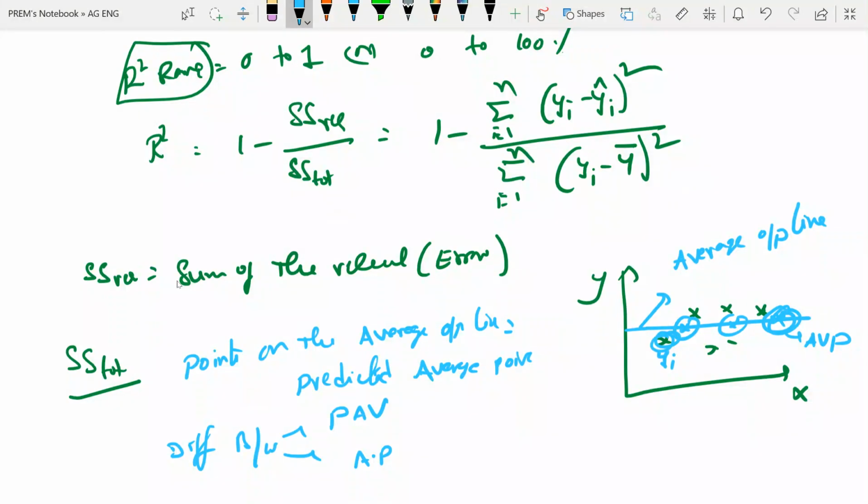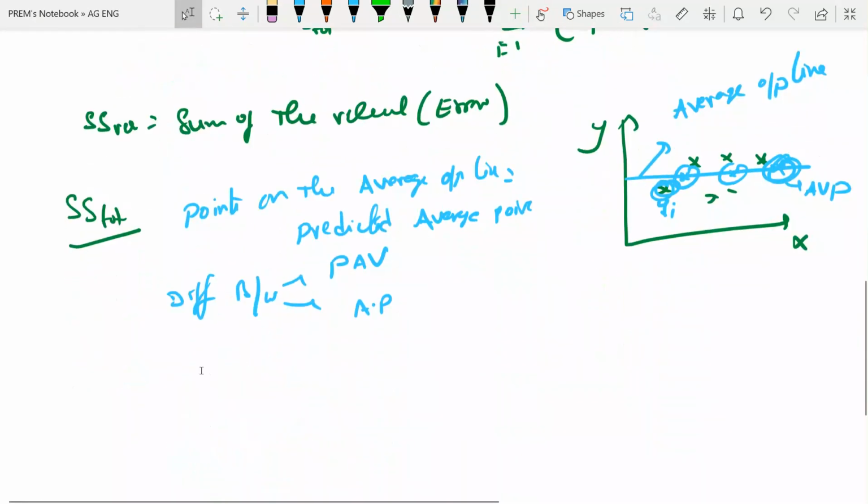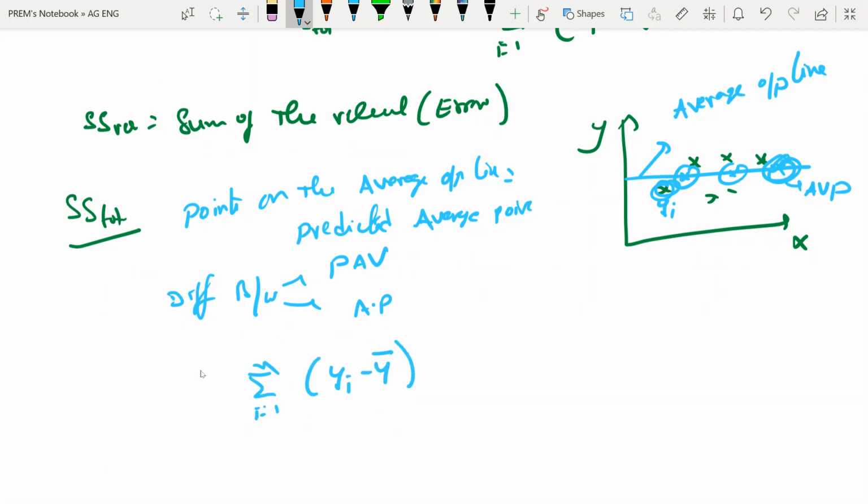Here, SS total can be calculated as sigma i equals 1 to n (yi minus y bar) whole square. y bar is the average. That is the SST, the sum of the total.